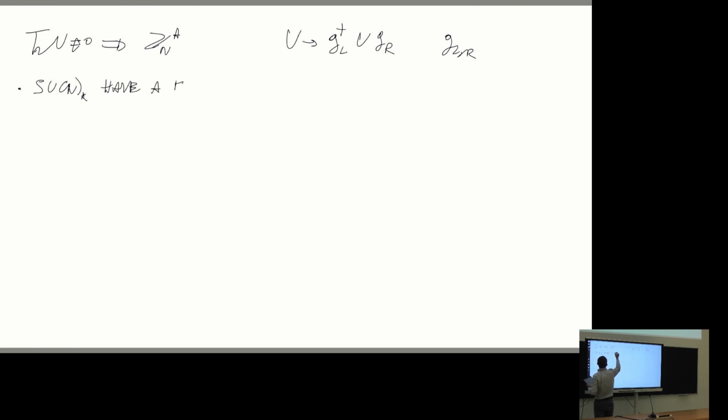a mixed 't Hooft anomaly which involves PSUN vector times this ZNA axial. I don't have time to show you where this anomaly comes from.